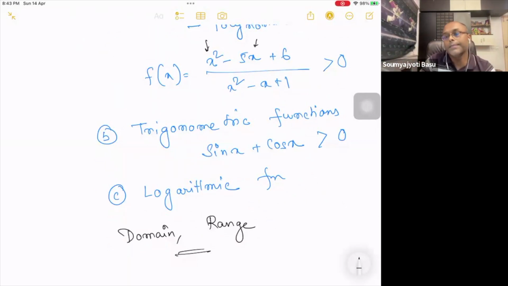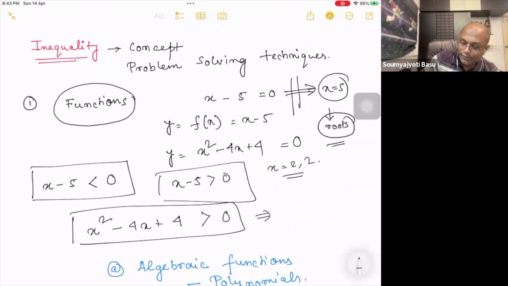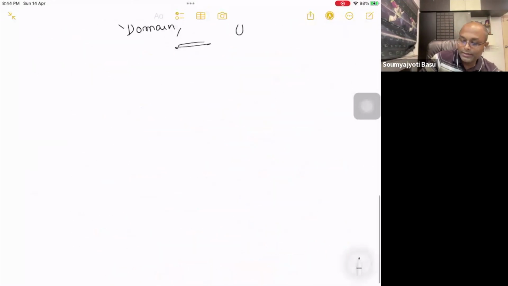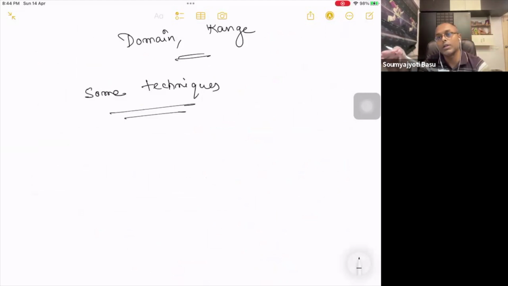Having said that, this type of inequalities are actually very easy to solve if you know the right techniques, okay? So there are some techniques which are used to solve this kind of inequalities, mostly the algebraic ones.